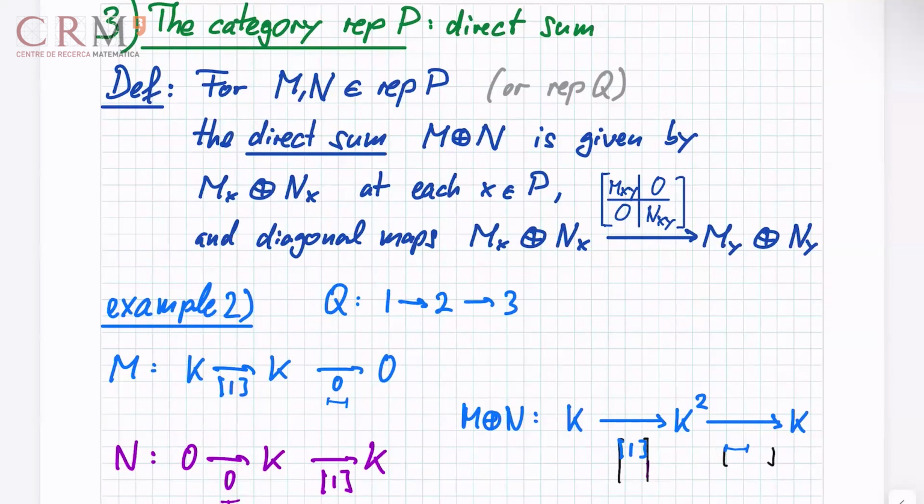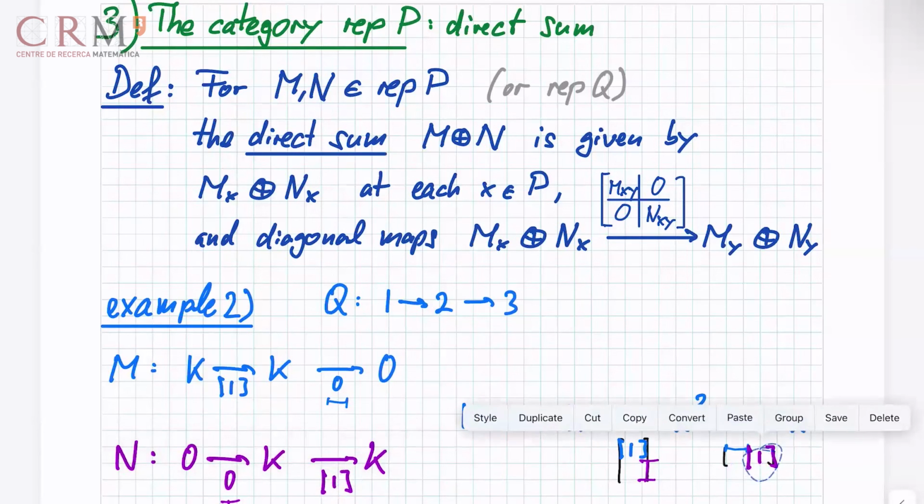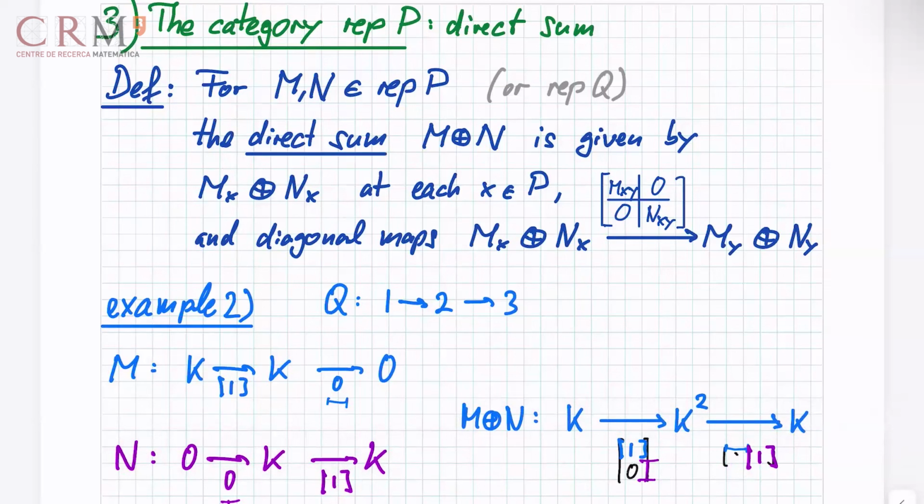So you see my matrix here. So I copy this matrix here. You see what I do? And I copy the actually honest matrix which I have. I copy here, and then I fill the off-diagonal entries with zeros, and I got my direct sum. This is how it works. That's good?